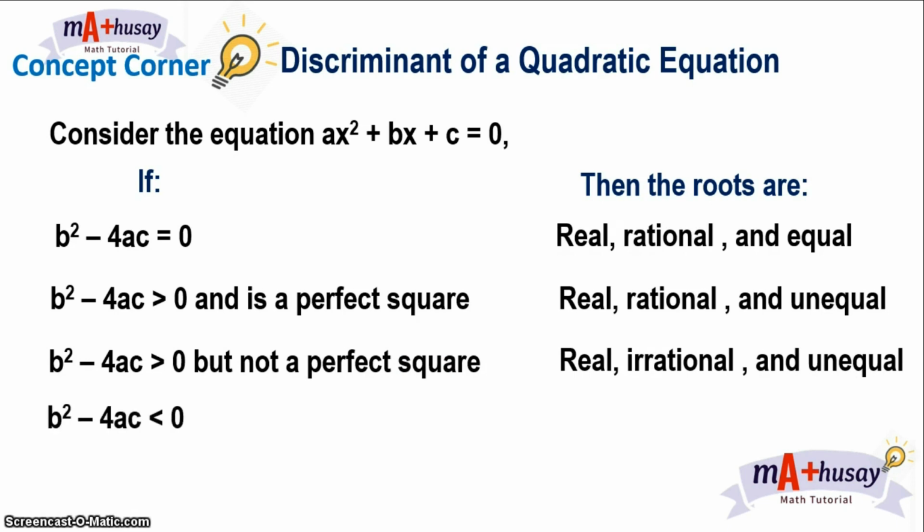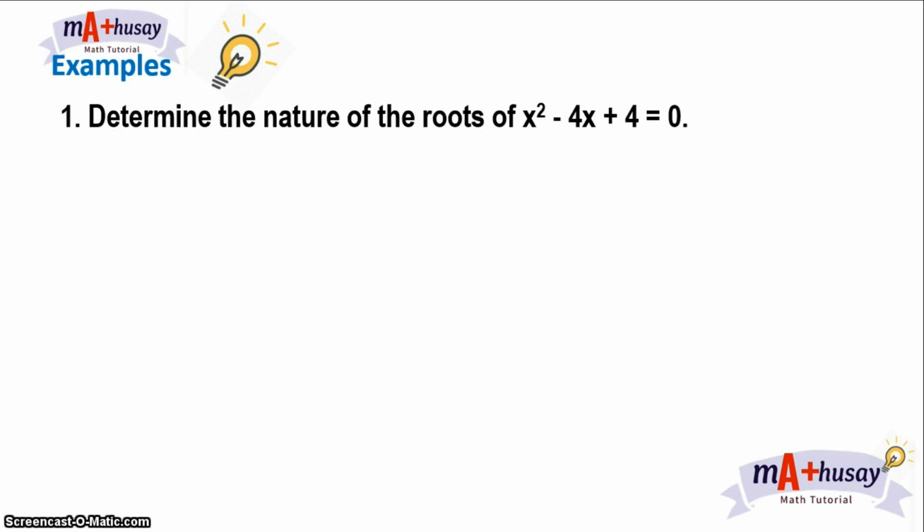And lastly, if the discriminant b squared minus 4ac is less than 0, then the equation ax squared plus bx plus c equals 0 has no real solution. Let's take these examples. Number 1. Determine the nature of the roots of x squared minus 4x plus 4 equals 0.